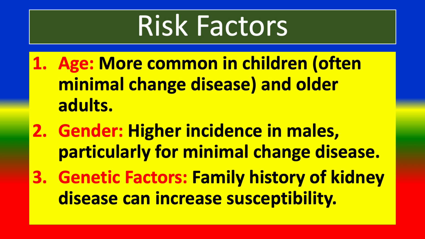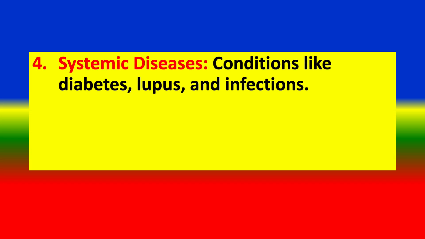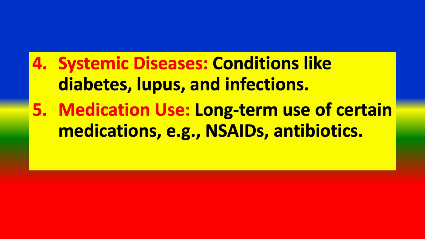Family history of kidney disease can increase susceptibility. 4. Systemic diseases, conditions like diabetes, lupus, infections. 5. Medication use, long term use of certain medications, for example NSAIDs, antibiotics.